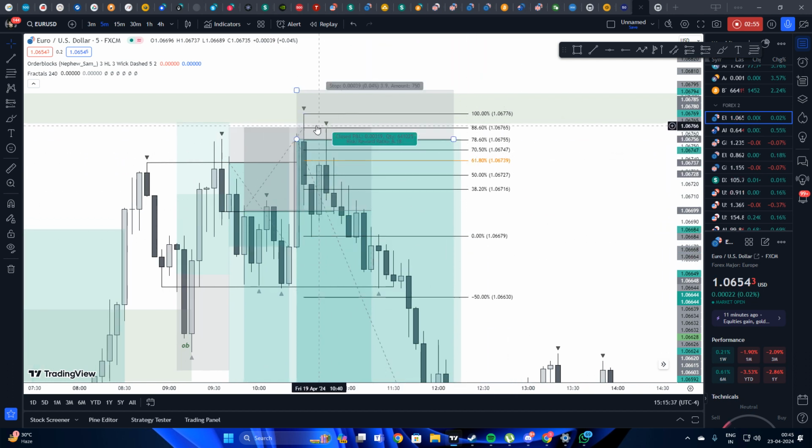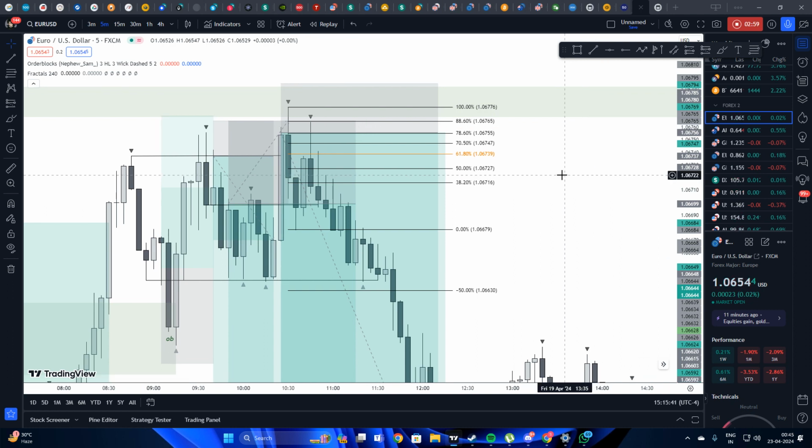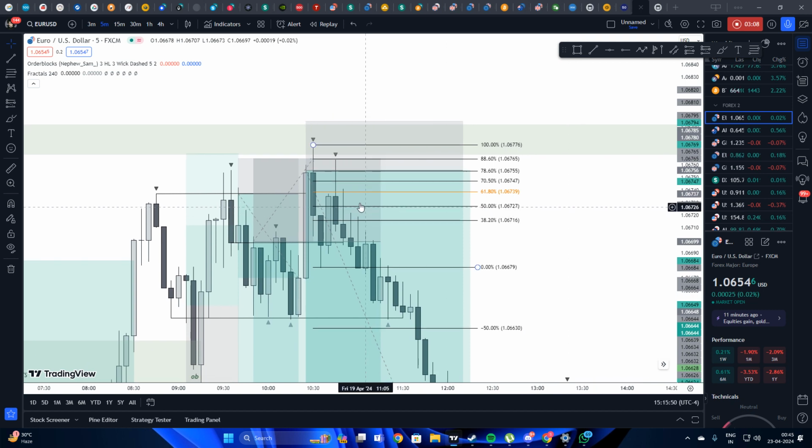But just note, when the market sweeps out a high time frame or a low time frame, it just sweeps out liquidity. It doesn't matter which time frame. The market is quite volatile at that moment. You may not find retracements over there.